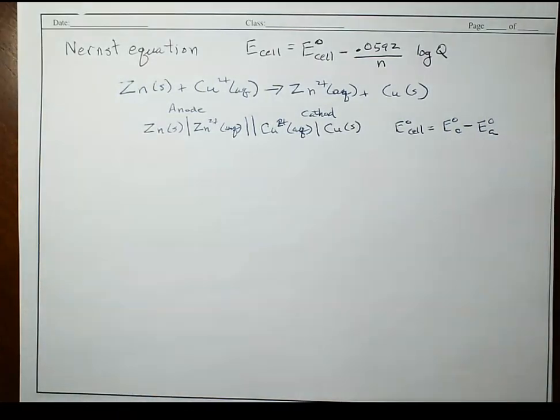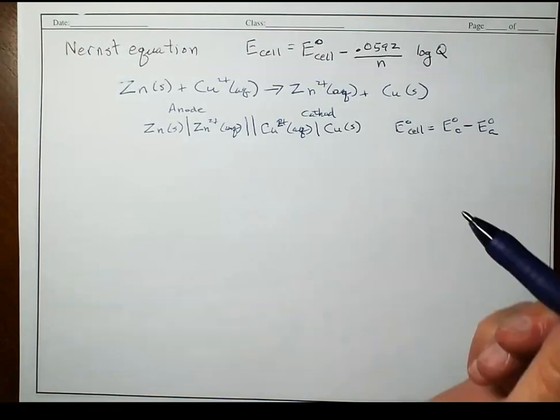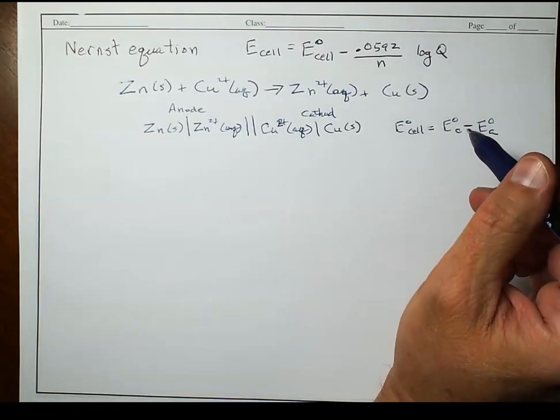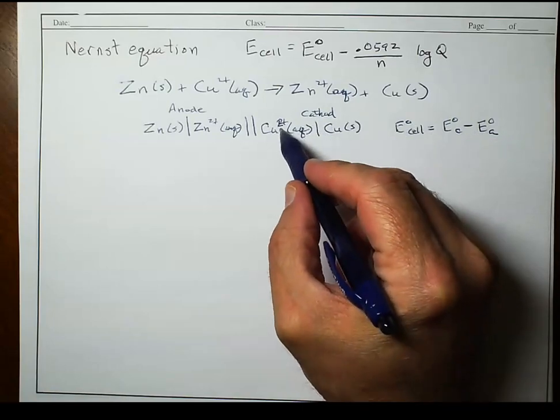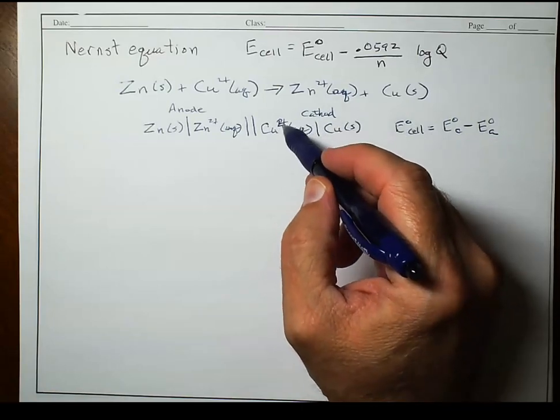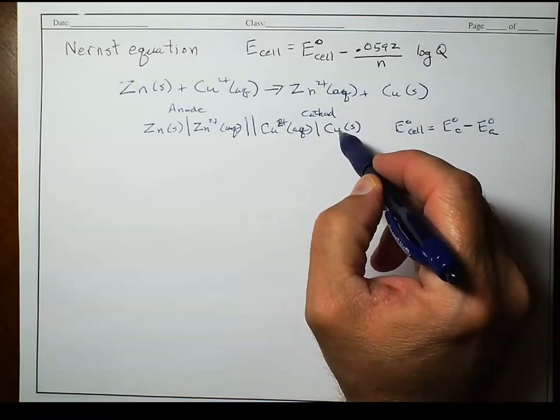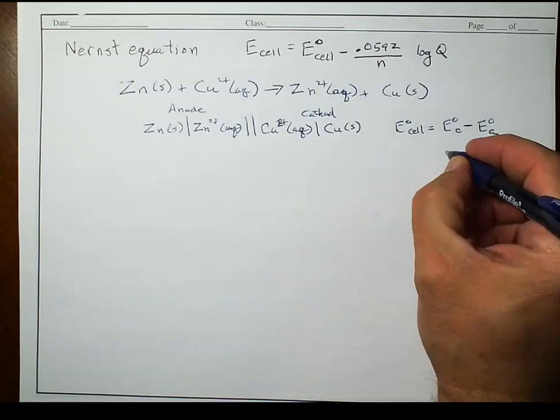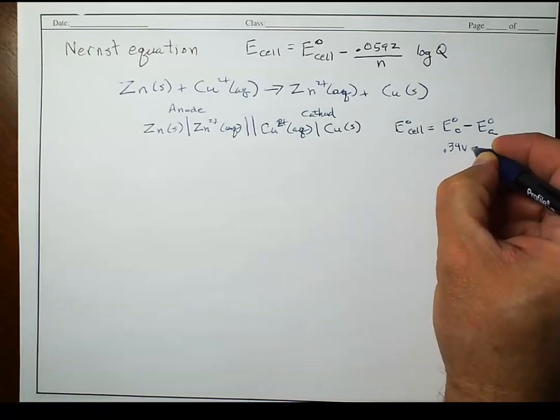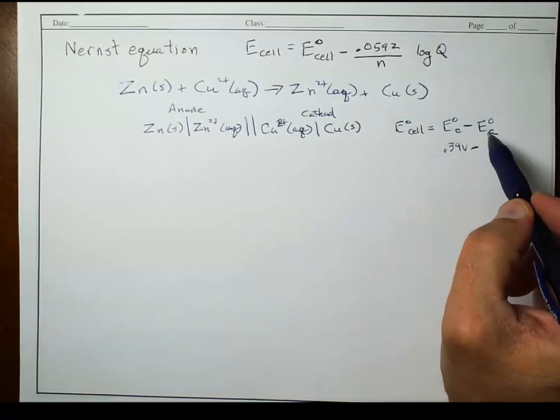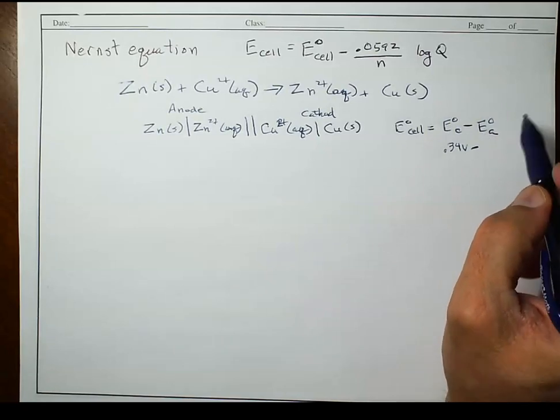We'll look those numbers up. For our cathode, which is over here, we find that if copper 2 gains 2 electrons to become metallic copper, that's 0.34 volts. From that, we're going to subtract the standard reduction potential of our anode.